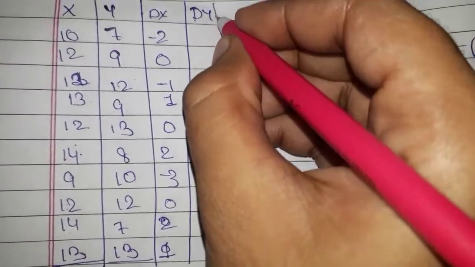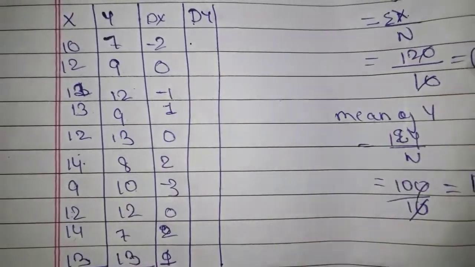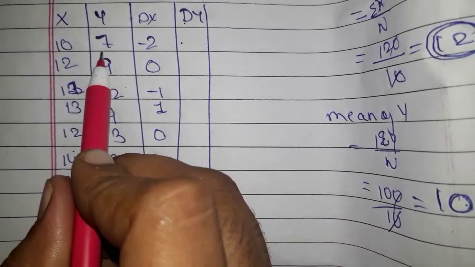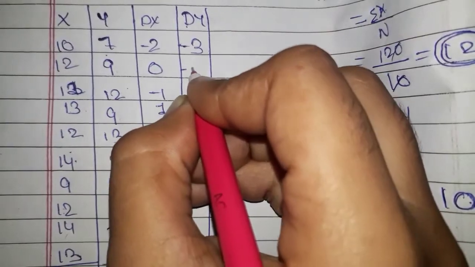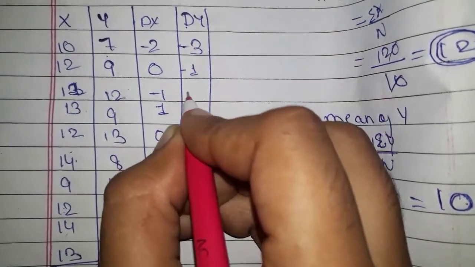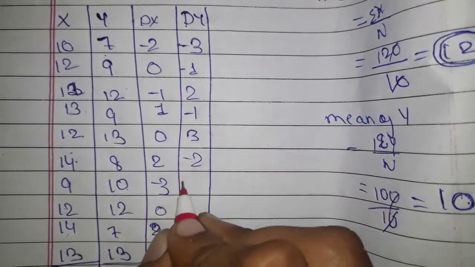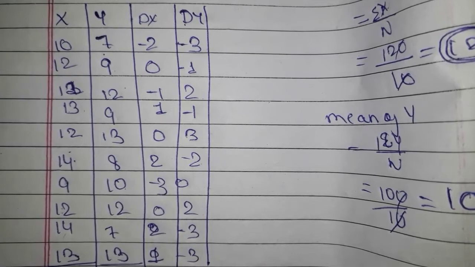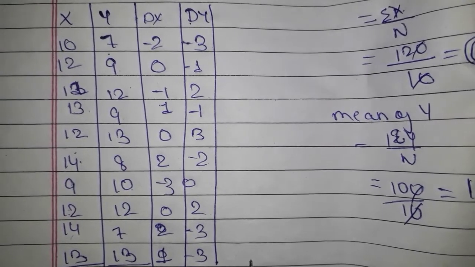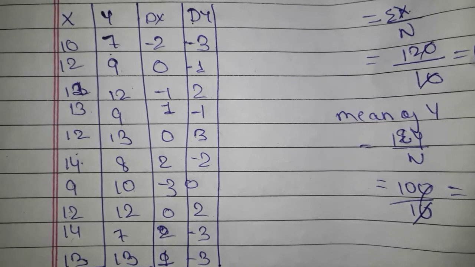Now what is the deviation for y? It is 10 minus 7, it's minus 3, minus 1, 2, minus 1, 3, minus 2, 0, 2, minus 3 and minus 3.